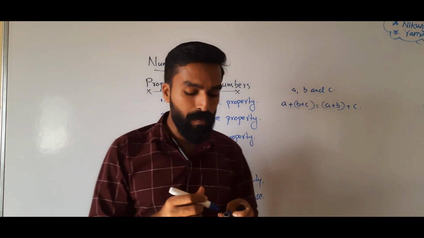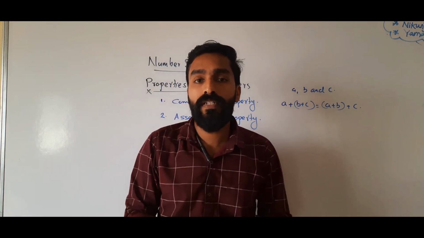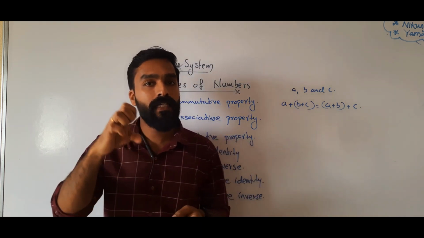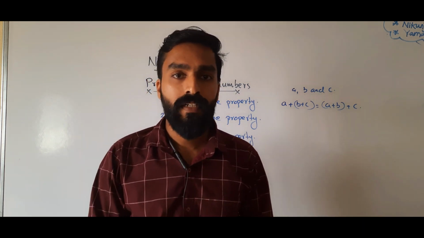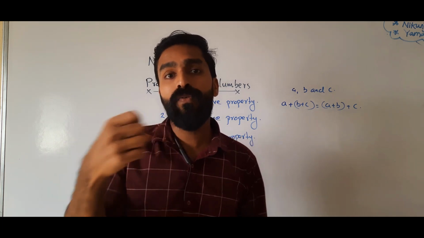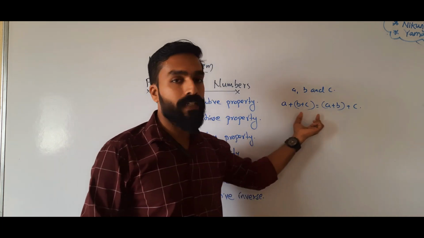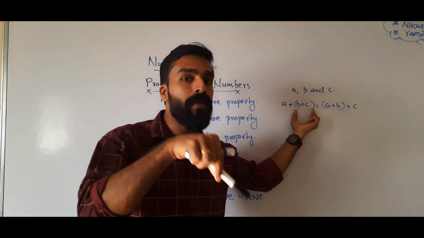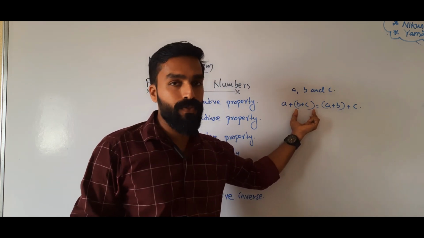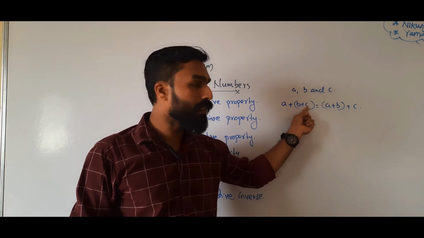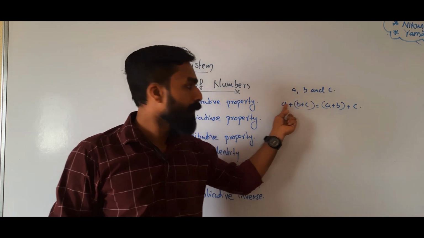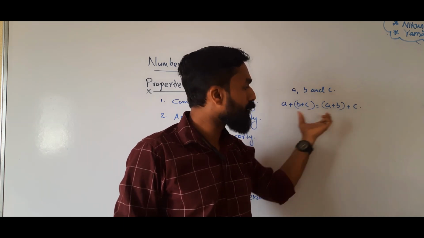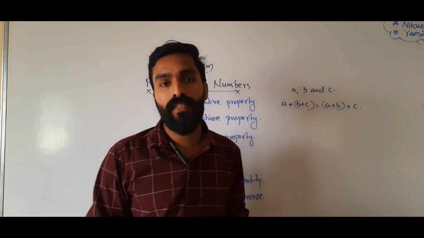We have studied the BODMAS rule: brackets, division, multiplication, addition and subtraction. This is the rule we follow in addition, subtraction, multiplication and division. Here one bracket is there, so whatever is inside the bracket we have to do first. First we do B plus C, after that add A. Here we do A plus B first, then add C. If both answers are equal, we can say it is satisfying.